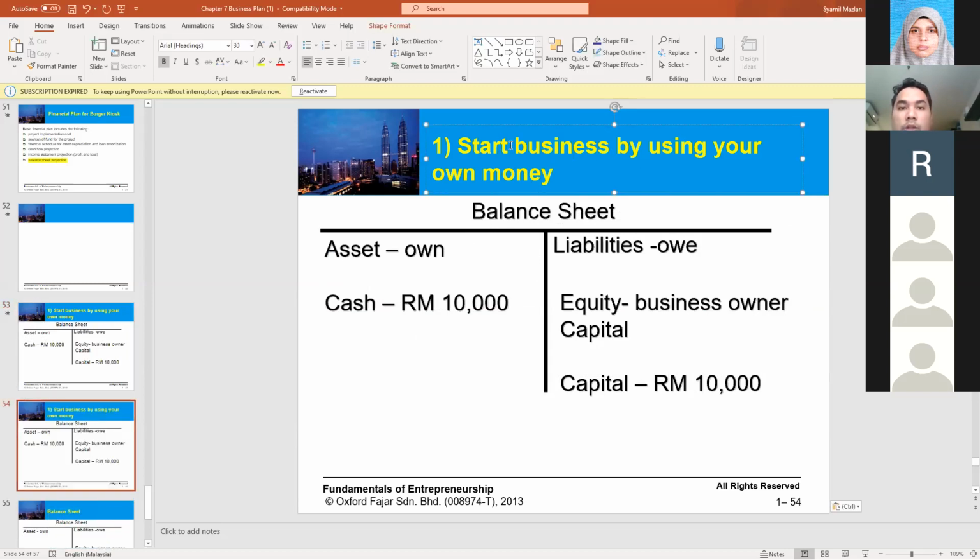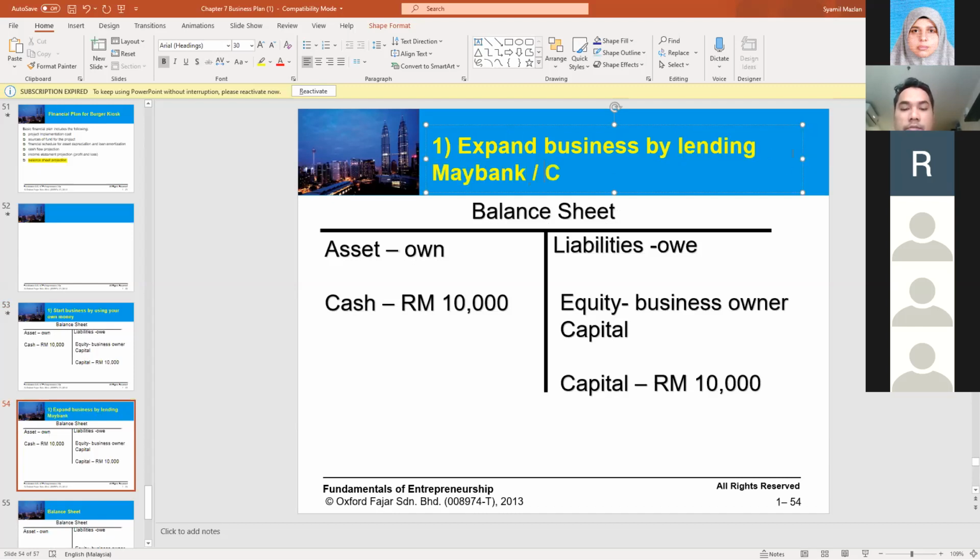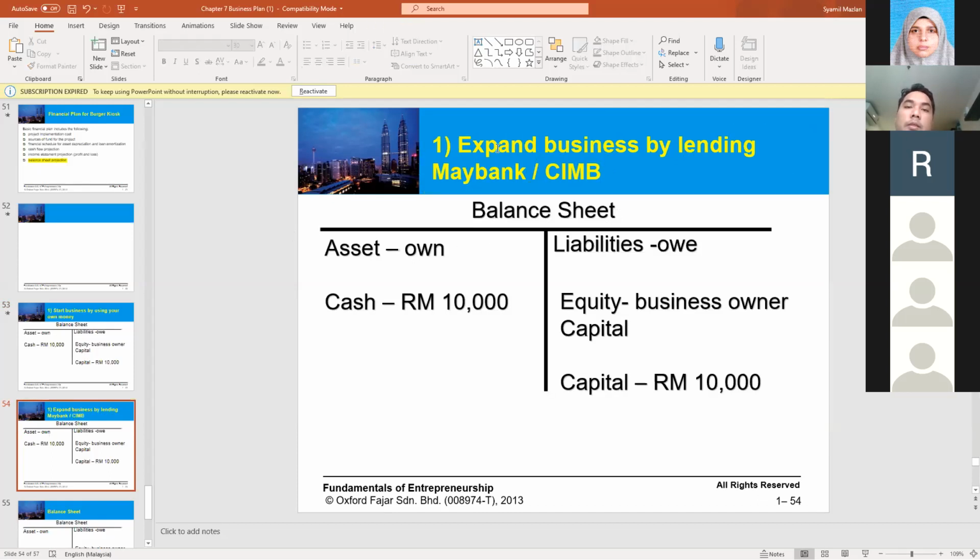How about you start your business and then you want to expand the business by borrowing from a bank, like CIMB. So remember, when you are borrowing money, this is something that you owe.